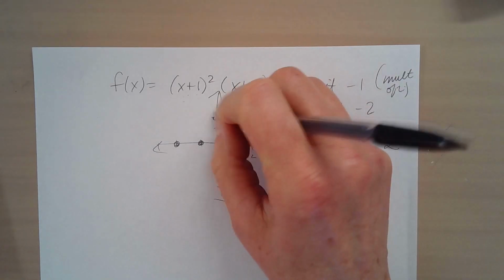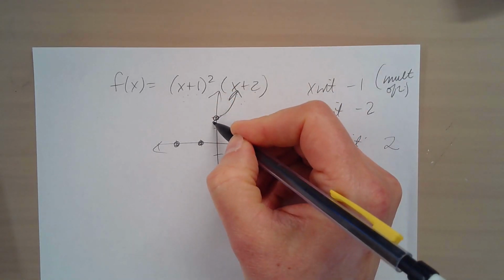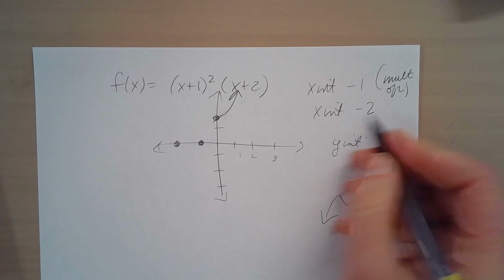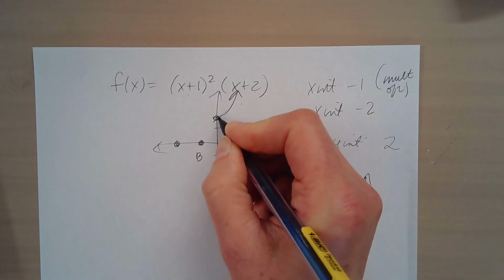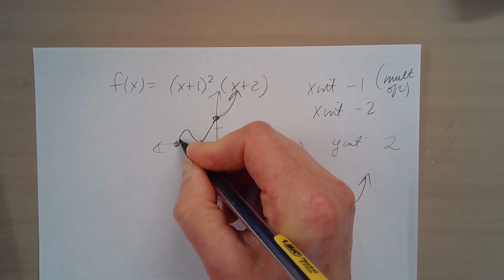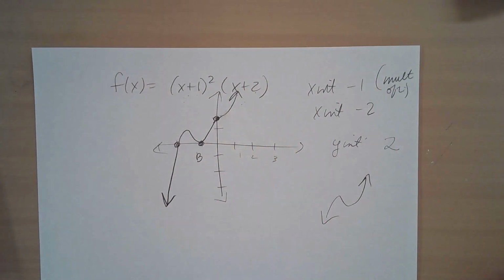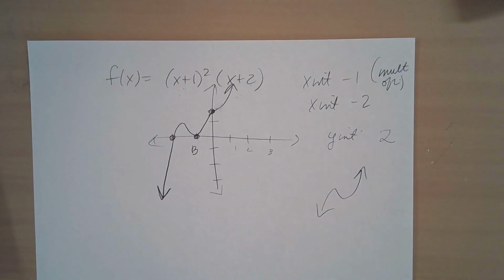And then it bounces here, right? I'm going to put B for bounce. Bounce, cross. There. That's kind of what the graph looks like, right? Good. That was a tricky one, Joanna. It was sort of hiding there, right?